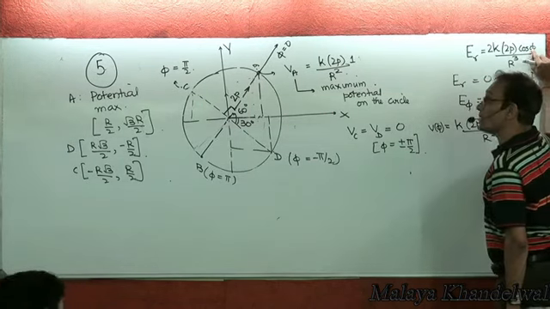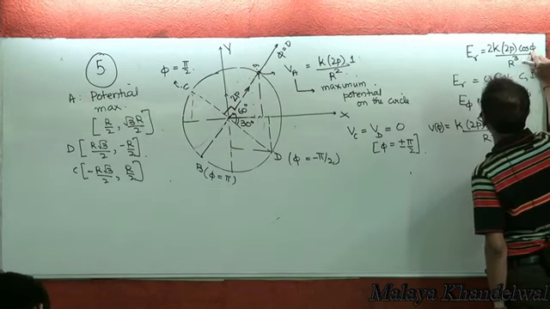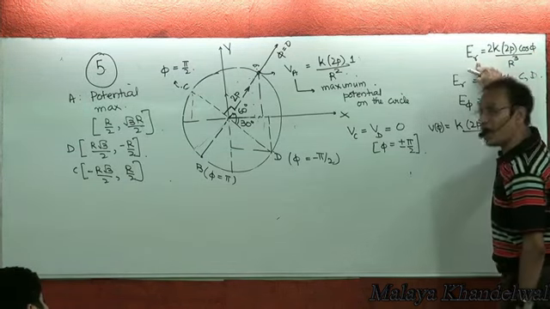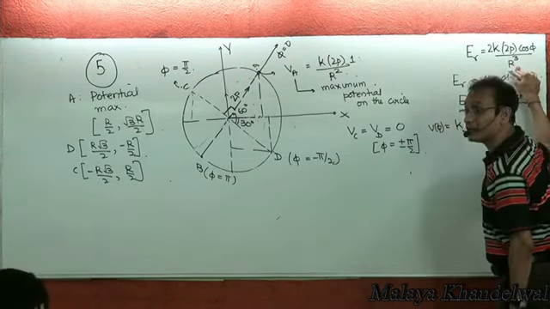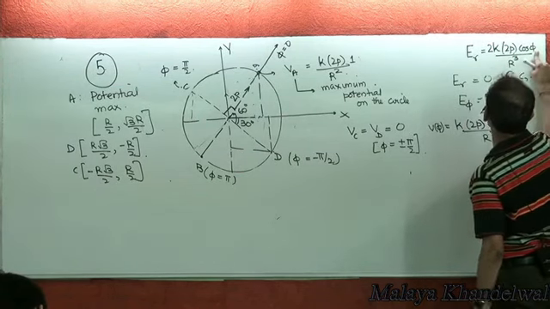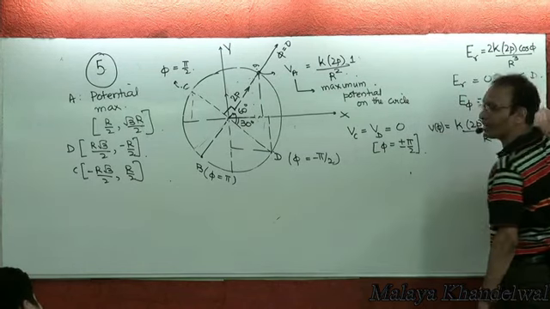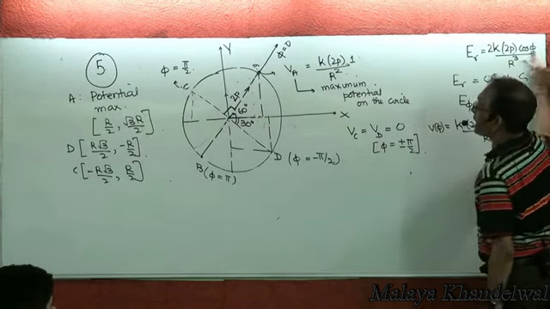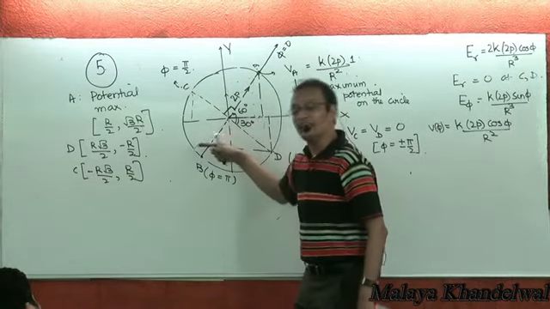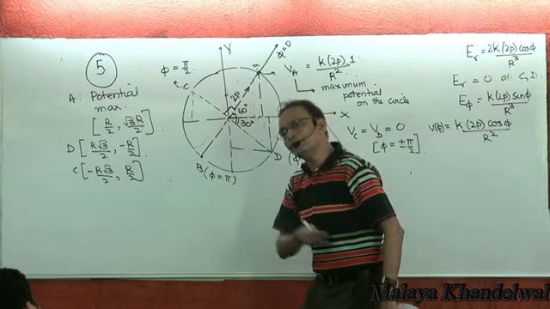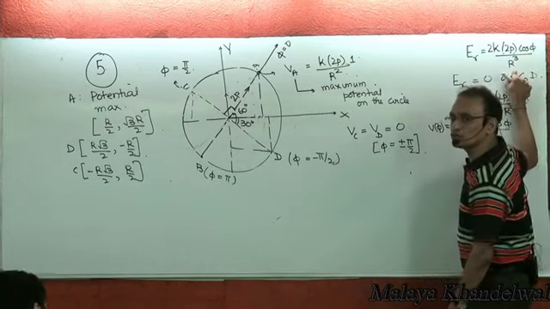When is cos phi plus or minus 1? When phi is 0 or pi. That means when phi becomes 0 or pi, the electric field ER would assume a value 4 kp by r cubed in magnitude, because E phi at these points, wherever cos phi is 1 or minus 1, sin phi will be 0 and E phi will become 0. And that means at points A and B, that is phi equal to 0 and phi equal to pi, E phi becomes 0 and E would be simply ER and would have a magnitude 4 kp by r cubed.